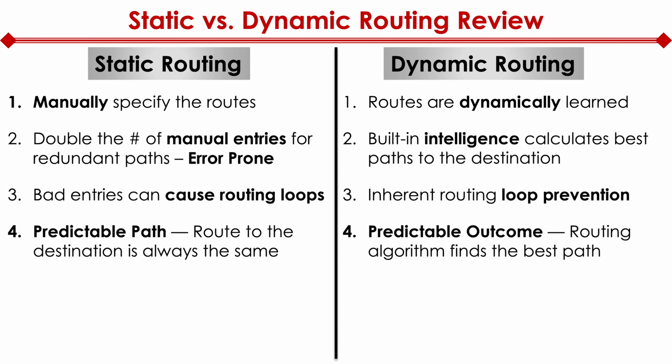Whereas on the dynamic routing side of the house, we have a predictable outcome, meaning ultimately what we care for is whether or not a particular source can get to a certain destination, because routing is all about source to destination, right? What's in between, like as far as different paths, we do care, but we could care less as long as we can get to our destination predictably. So dynamic routing gives us that ability.